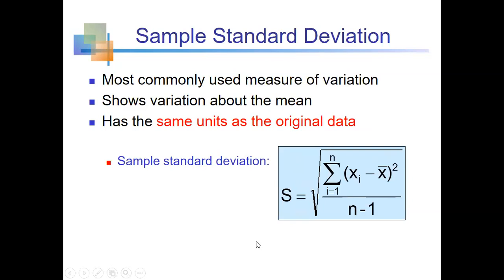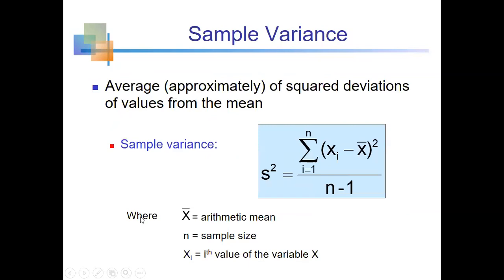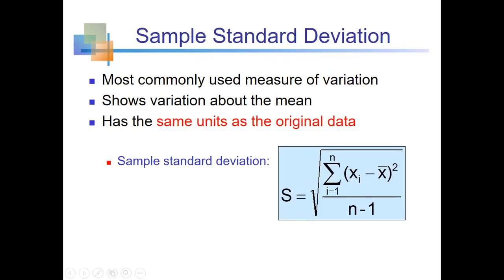The difference between variance and standard deviation: if you look at the sample variance, s squared is the symbol. For sample standard deviation, it is only s.